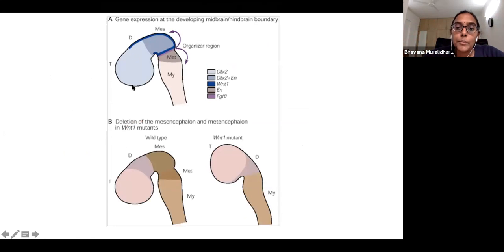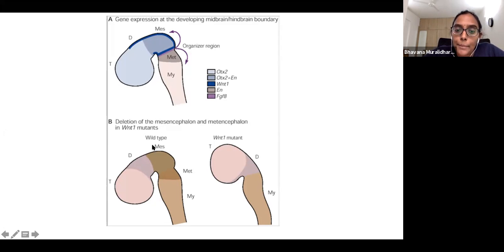Right. The other example, and this is a very specific example of the Wnts, is this boundary between the midbrain and the hindbrain. And I must tell you that these boundary regions are a rich source of signaling molecules, and they're often organizer regions. This is one such organizer region between the midbrain and the hindbrain, which is full of Wnts, which then pattern both the midbrain and the hindbrain on either side of the organizer region.